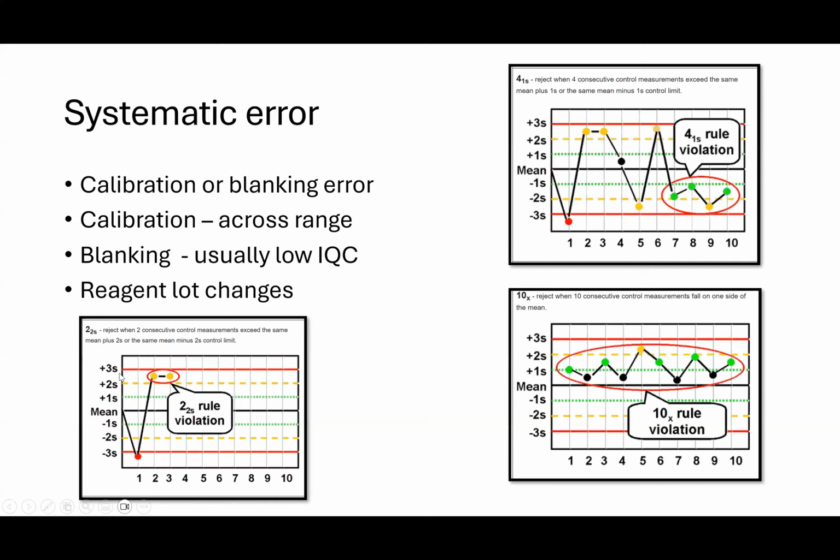Typically here you can see that the rule violations are all on the same side of the mean. So here, for example, you've got two 2S rules in succession. Here, for example, you've got four 1S in succession. All of these are symptomatic of a systematic error.